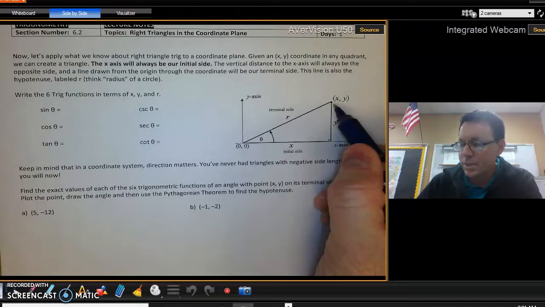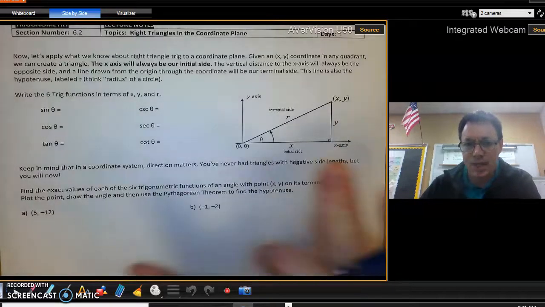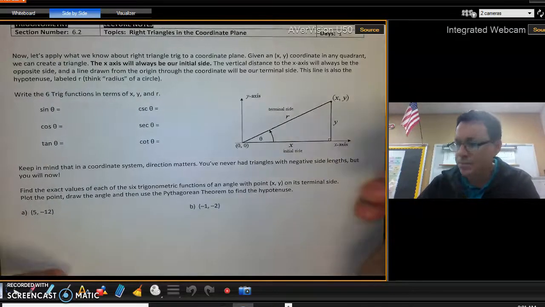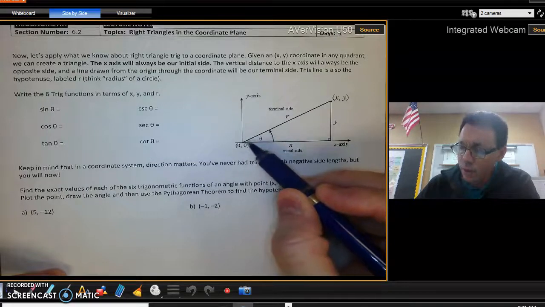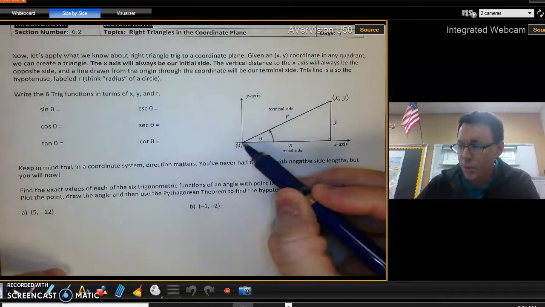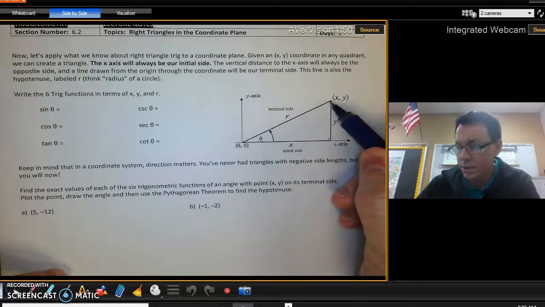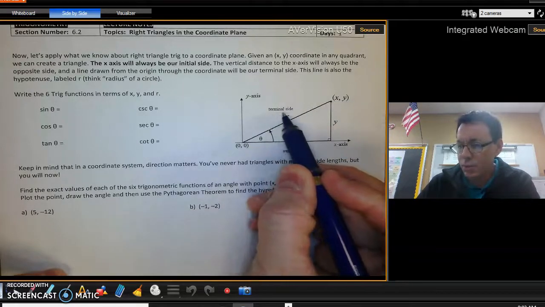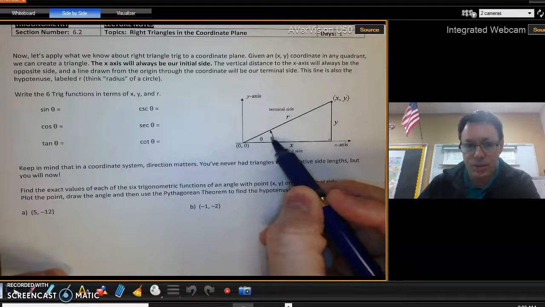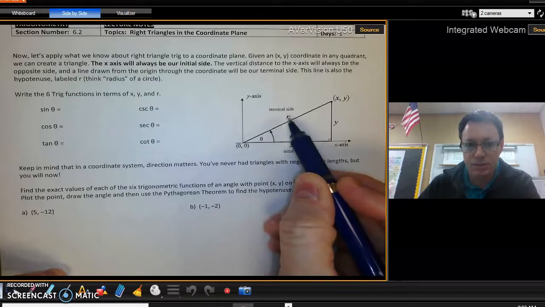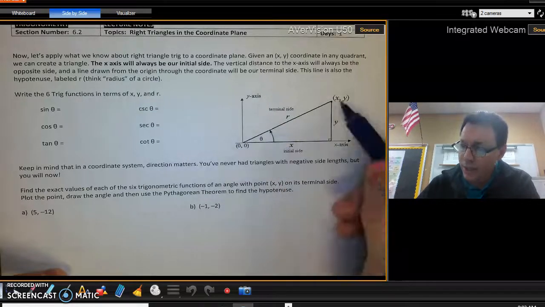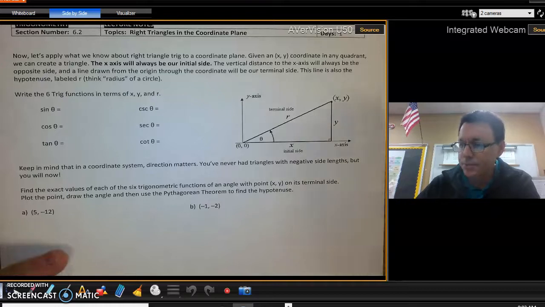So let's say I've got some point x, y just out in space somewhere. If you draw a line from the origin to that point, that's going to be the terminal side of this angle right here. Initial side, terminal side.